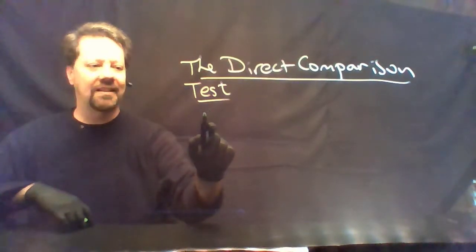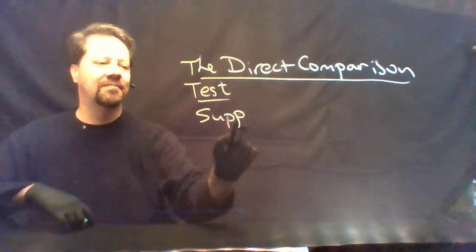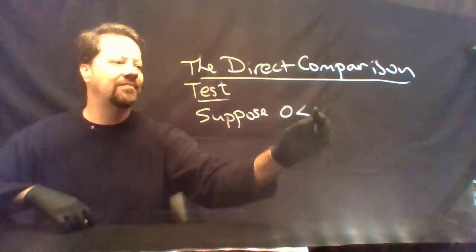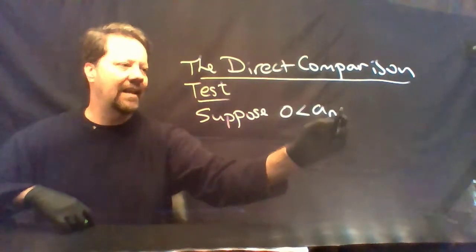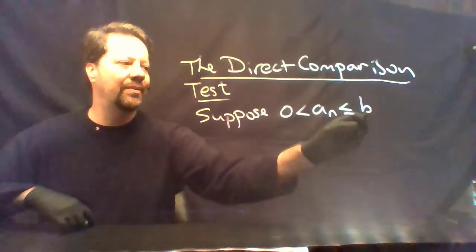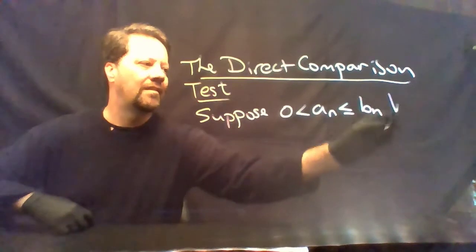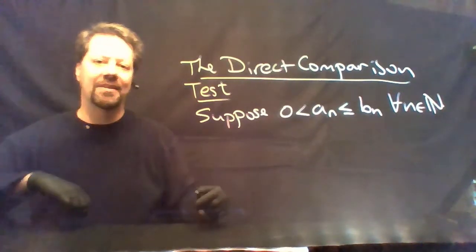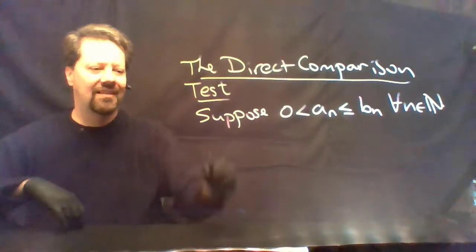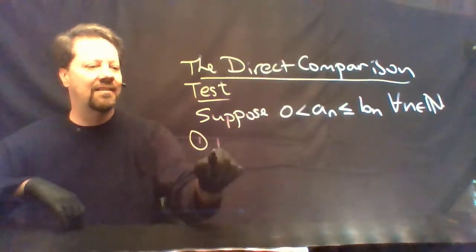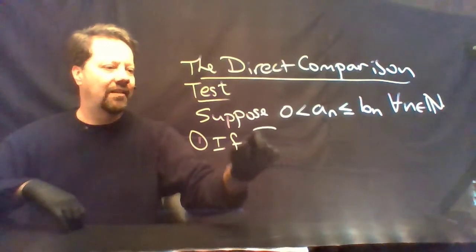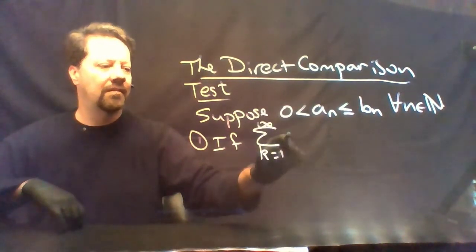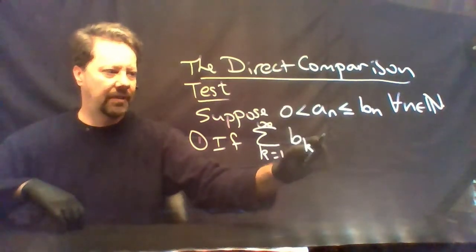It goes like this. Suppose 0 is less than or equal to a_n, and that's less than or equal to b_n, for all n that are elements of the set of natural numbers. Now here's the idea.